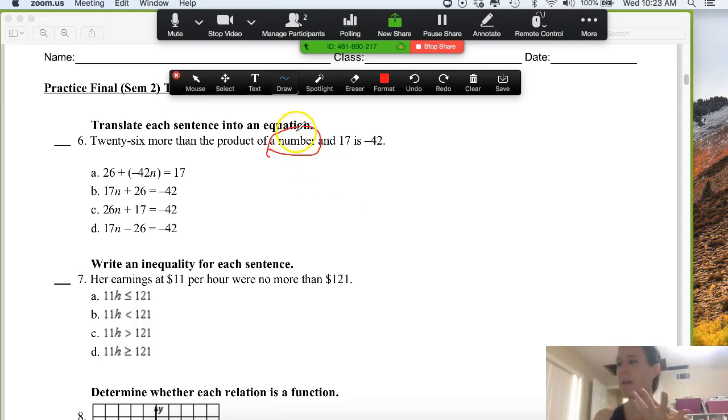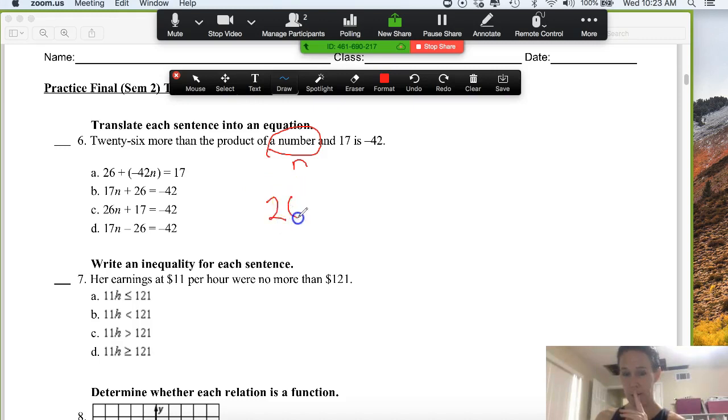Well, we need to pick a variable for a number because it can be any number. So what do we want to pick to represent our number? N. Okay, let's go with N. So write it out. 26 more than the product of N and 17 is negative 42. How does that look?